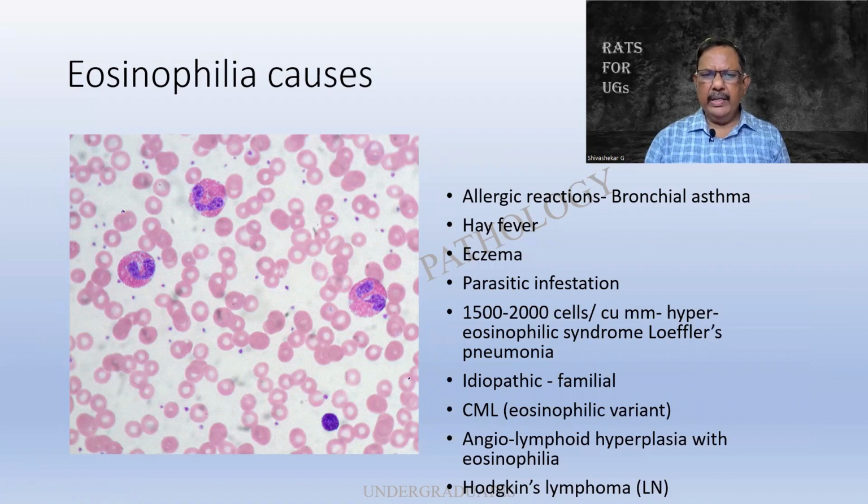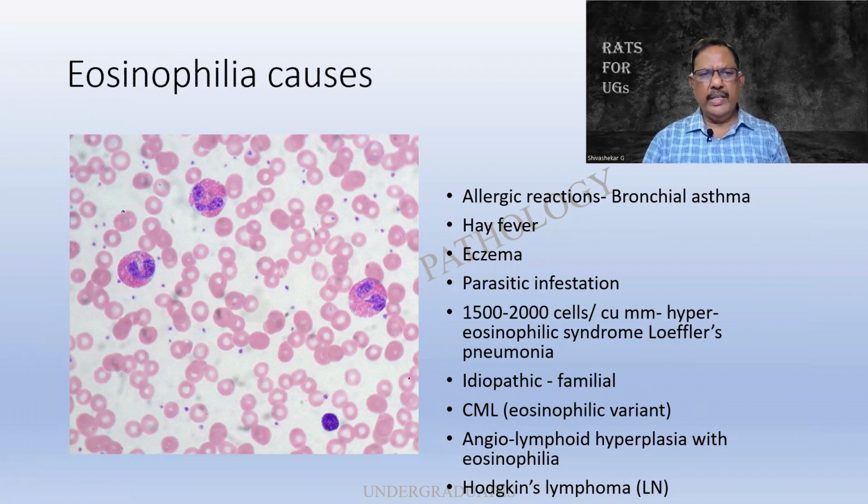So it is markedly increased. We call it hypereosinophilic syndrome or Loeffler's pneumonia, which is classical of a wandering parasite. It can be familial also, idiopathic, and it can occur as an important component in chronic myeloid leukemia.